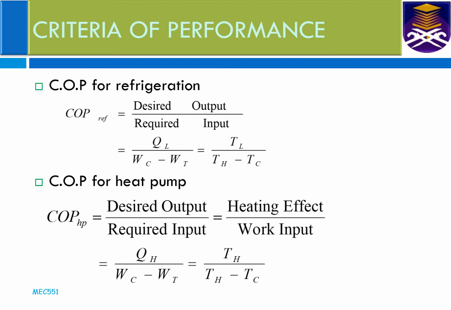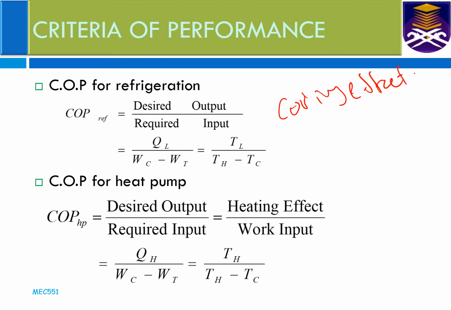For the refrigerator, our desired output is the cooling effect, which is the heat absorbed from the refrigerated space, whereas for the heat pump the desired output is the heating effect.